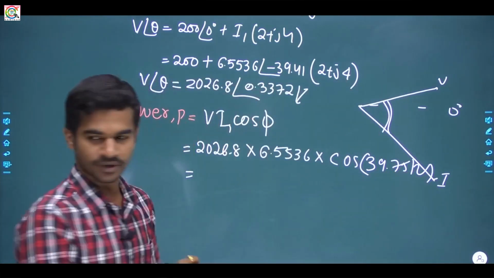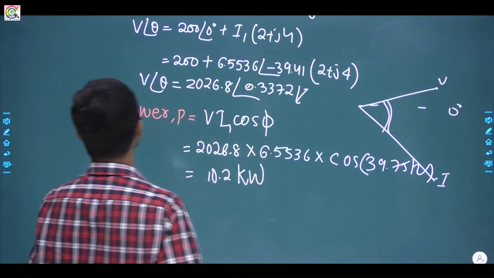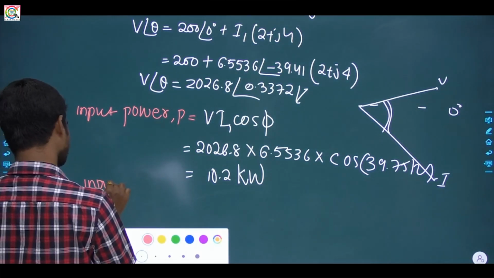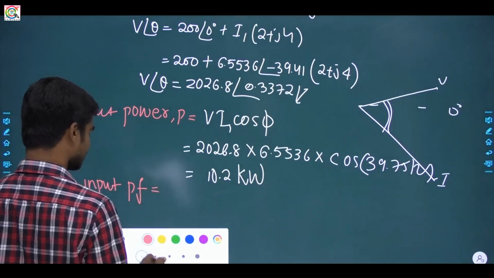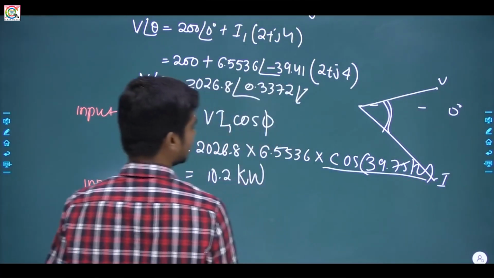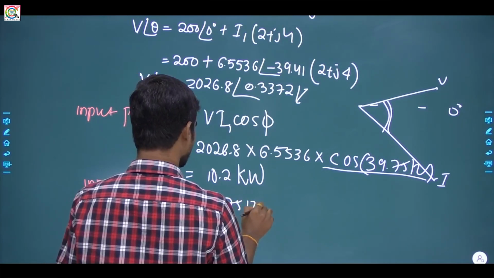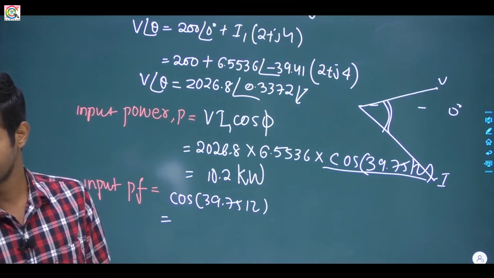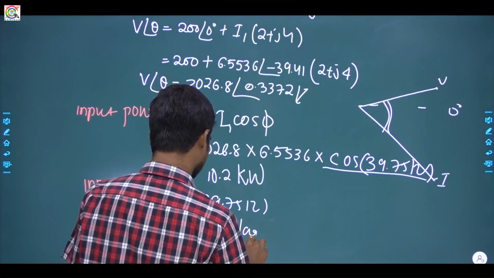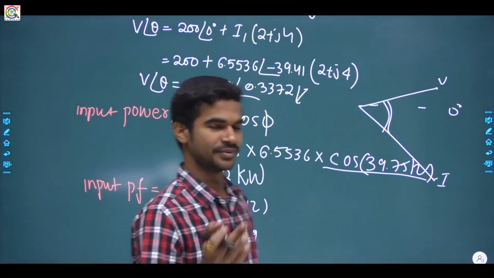So the final answer for this question will be approximately 10.2 kilowatt, and input power factor will be cosine of 39.7512. So इसका आंसर क्या आ जाएगा? 0.7688 lagging, and this is an MCQ type of question.